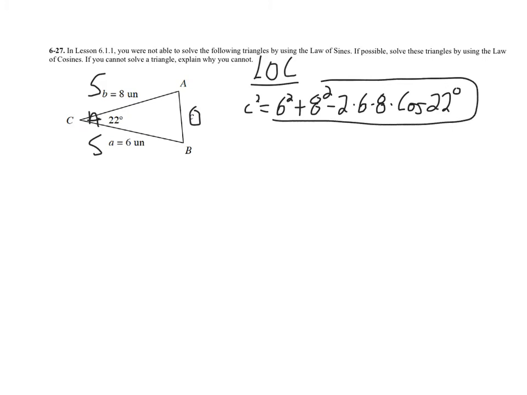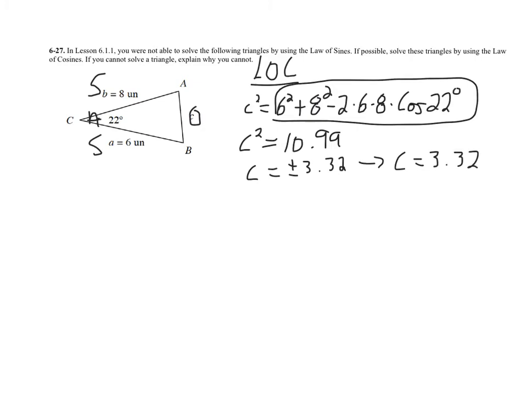Type all of this into your calculator and you get C squared equaling 10.99. Take the square root of both sides and C equals positive or negative 3.315, so I'm going to call it 3.32. We can't have a negative, so your answer is just C equaling 3.32.